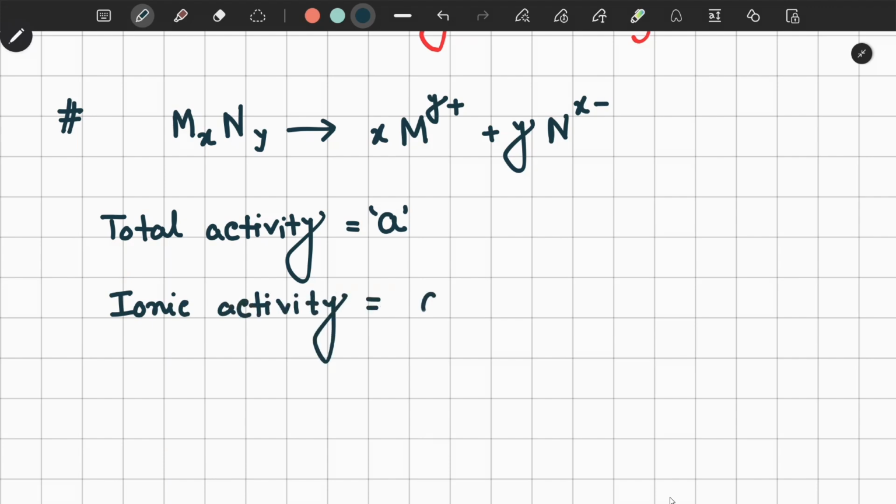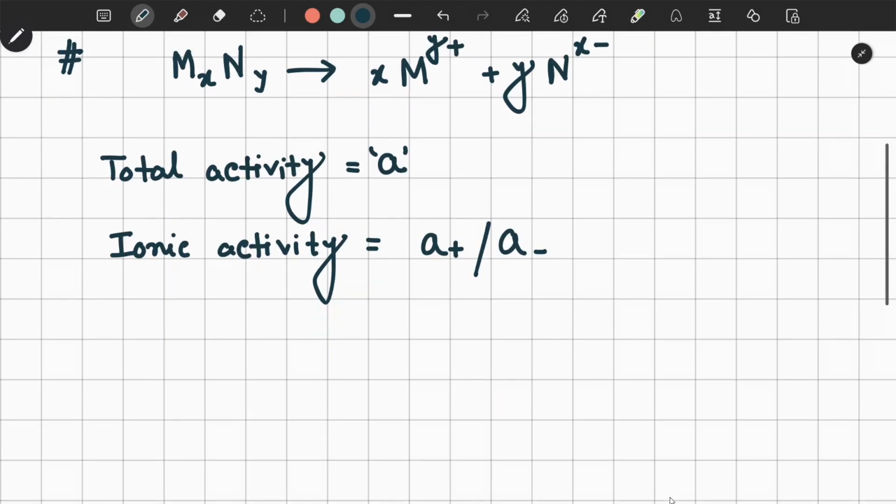That will be A plus or A minus. For anion it is A minus, for cation it is A plus. So essentially A should be A plus to the power of the number of cations present, that is x, because you have to multiply A plus, A plus, A plus. That's why it is a power, and A minus to the power y. That is our total activity.